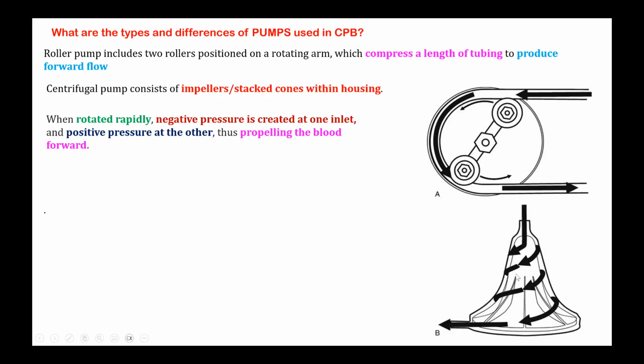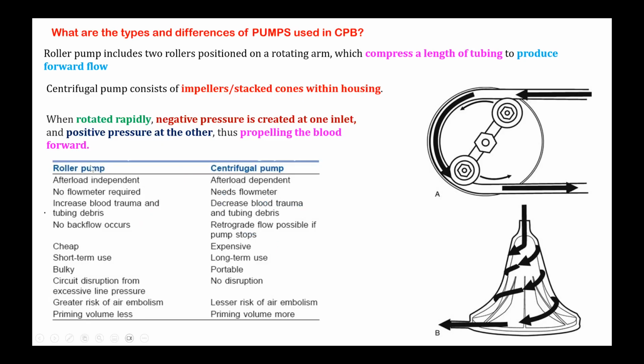Whereas in the centrifugal pumps, it is like a cone which is rotating in between the two cones. So a negative pressure is created. So blood will start flowing. It will go in a propelled manner like this and then go. Whereas here it goes just like a straight line and a curve. Here it goes in a rotation movement, comes out. And these are the differences between these two.